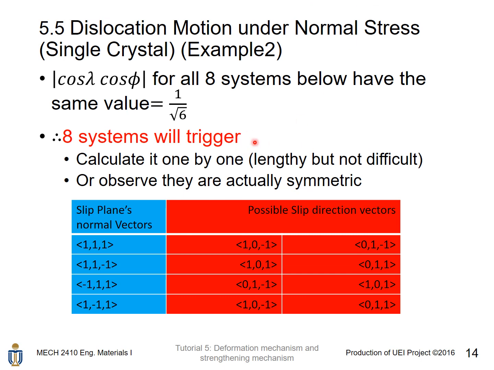Yes, it is lengthy, but as you can see, it is just 1 times 0, or 0 times 1, or 1 times -1. It is very easy, just lengthy. And if you are smart enough, you can just observe that they are symmetric, calculate just one, and already make this conclusion.